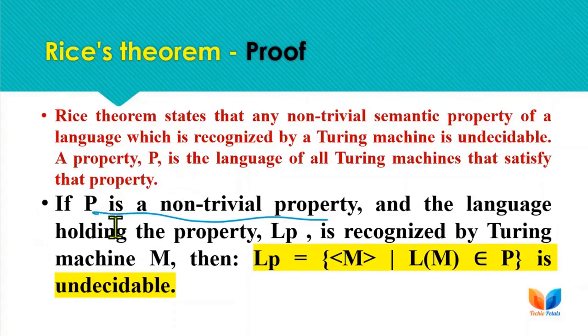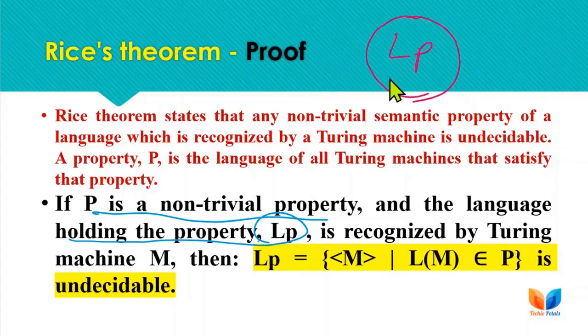P is a non-trivial property, and the language that holds the property, the language of all the machines holding the property P, we call L of P.